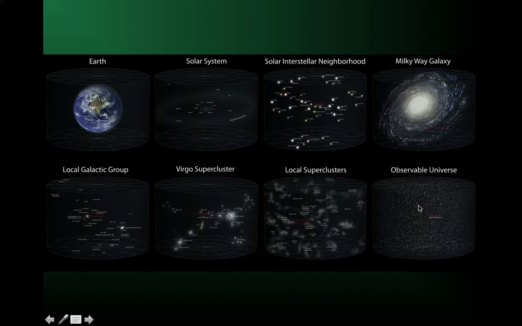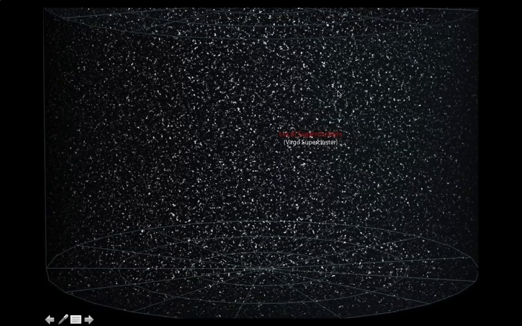And so if you could have a quote-unquote God's eye view of the universe, it would tend to look something like this. That's where that cobweb comes in and the strands and so forth. That's the part of the universe that we can see. And remember, we can only see out in a bubble of time that goes out 13.8 billion years. That's as far as we can see. The universe is actually much, much larger than that.